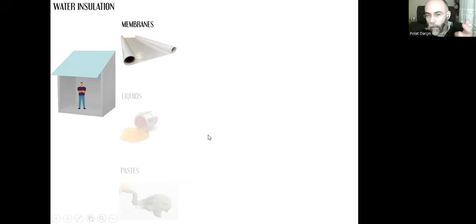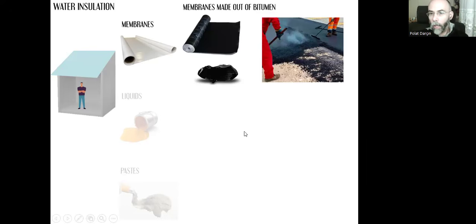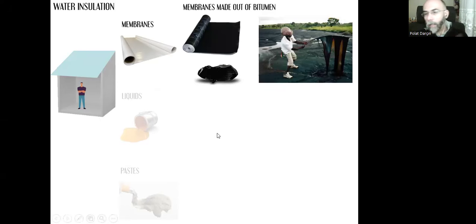Membranes are the most effective ones, and we can create membranes out of bitumen. Bitumen is a side product of petroleum. When they are processing petroleum, they create bitumen, and that's the main ingredient for us to use to cover the roads for the automobiles. And in nature, we rarely find bitumen in its natural form.